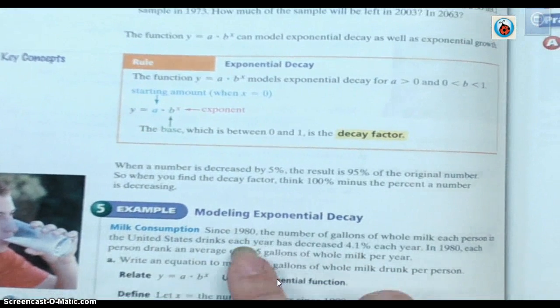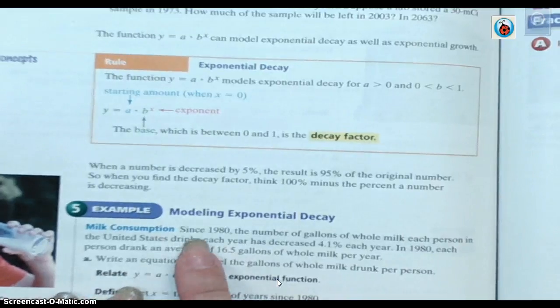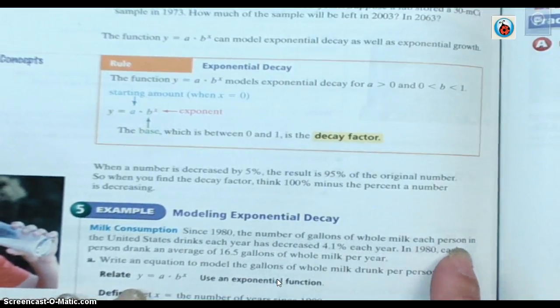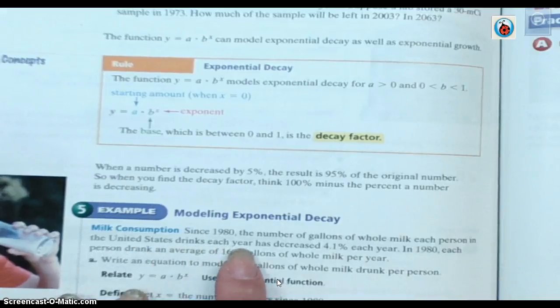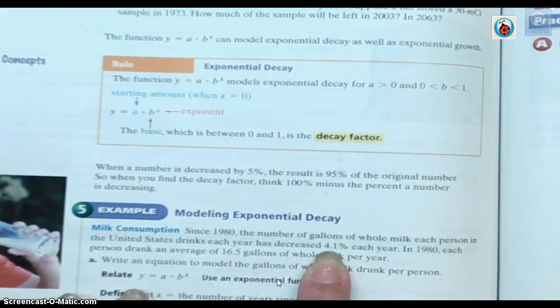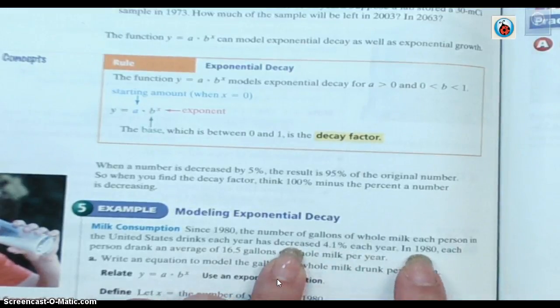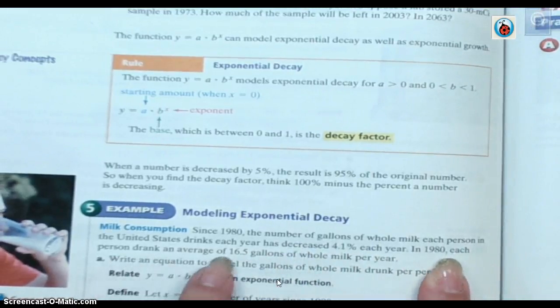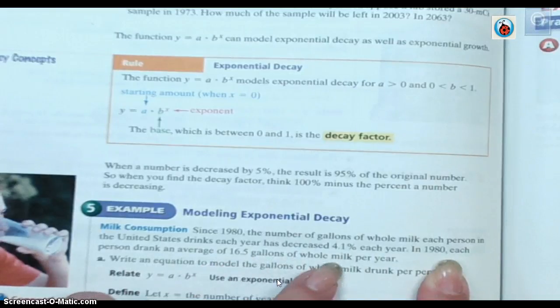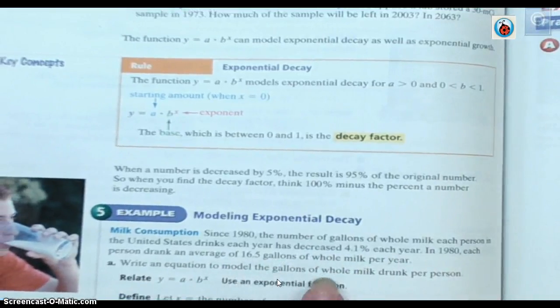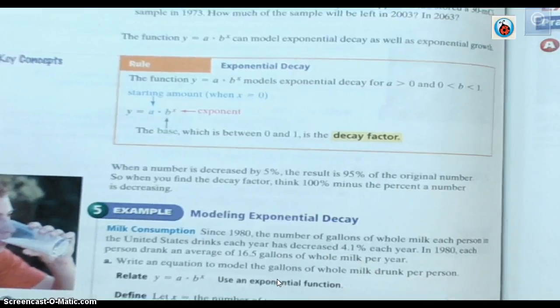Like here, milk consumption. Since 1980, the number of gallons of whole milk each person in the United States drinks each year has decreased 4.1% each year. Decrease, decay. In 1980, each person drank an average of 15.5 gallons of whole milk per year. Write an equation to model the gallons of whole milk drunk per person.